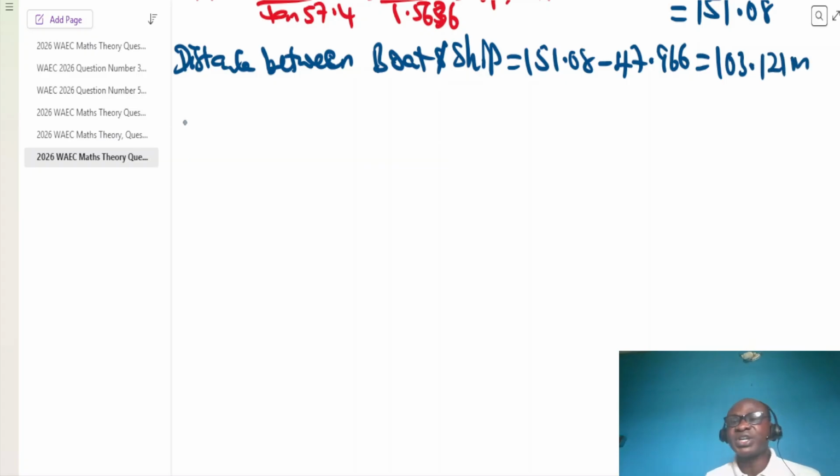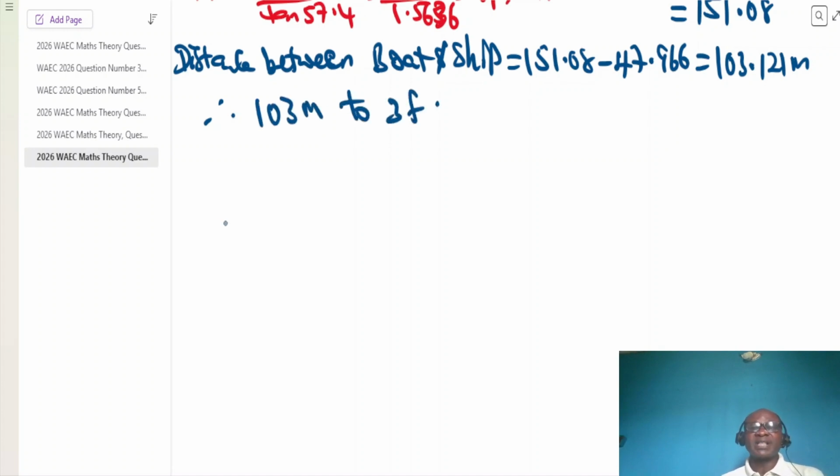But the question says to three significant figures, we should make our final answer 103 meters to 3 SF. This is the first answer.